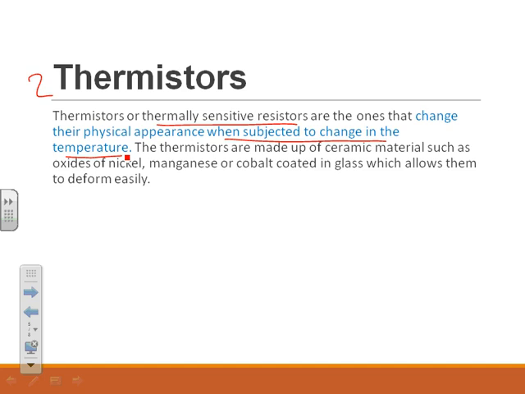Thermistors are made up of ceramic materials such as oxides of nickel, manganese or cobalt, coated in glass, which allows them to deform easily.